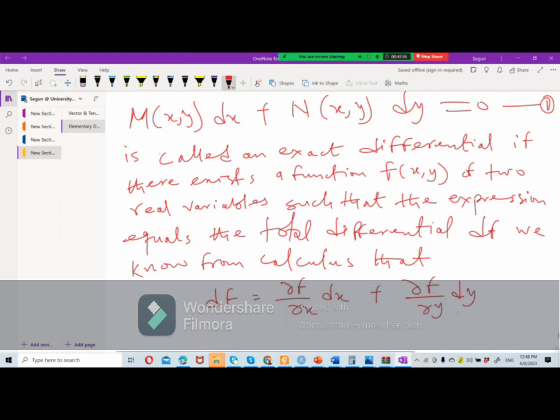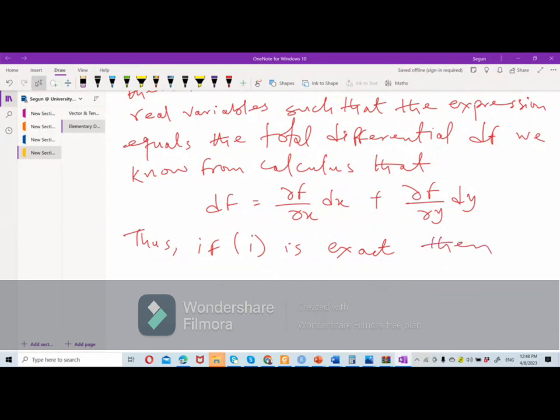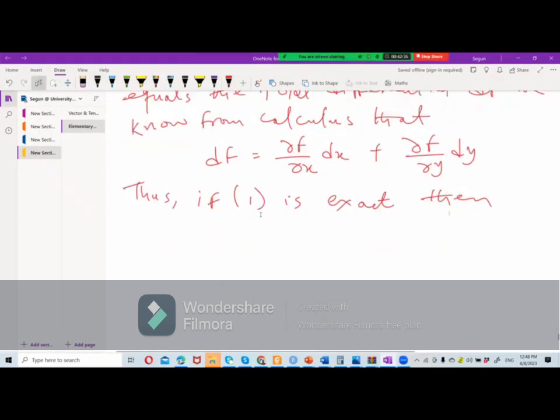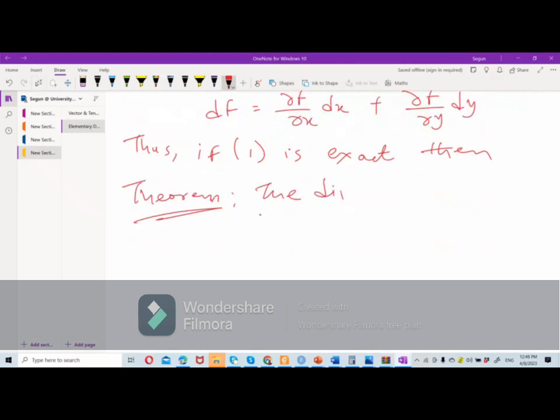So that is what this is talking about. Now, thus, if one is exact, then the theorem will be our theorem, which they ask you in the exam in most cases.